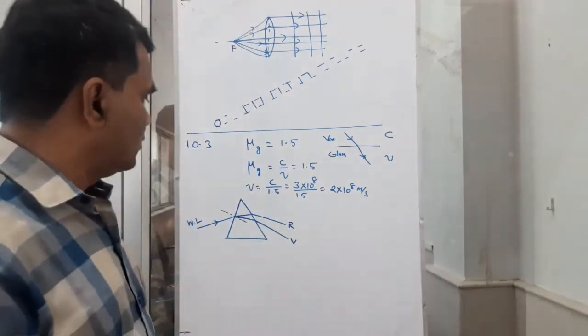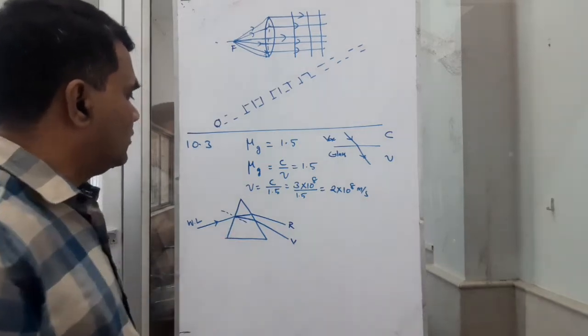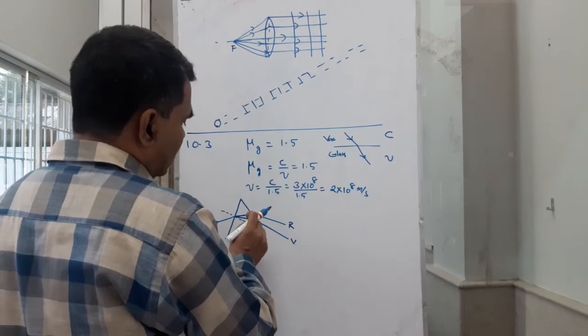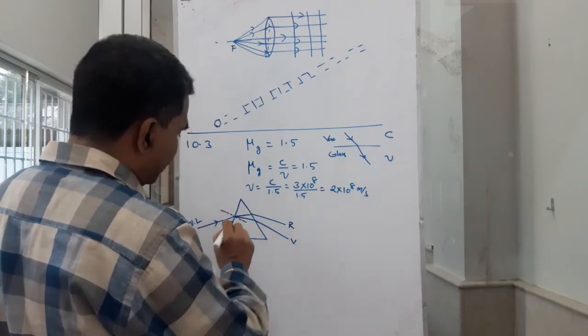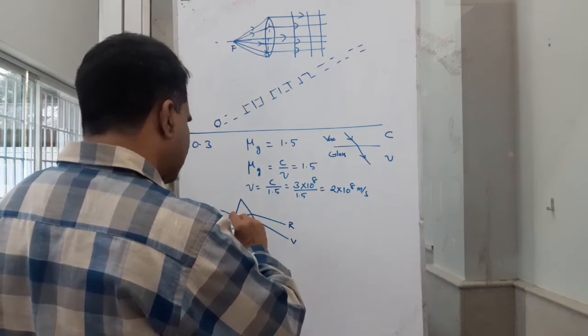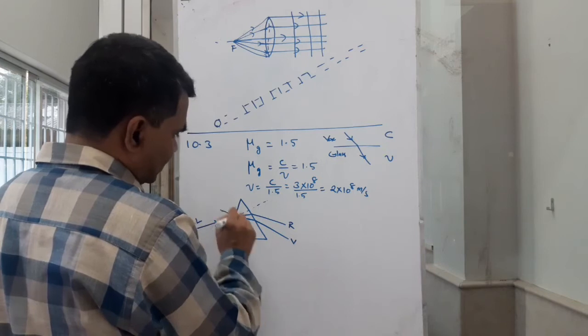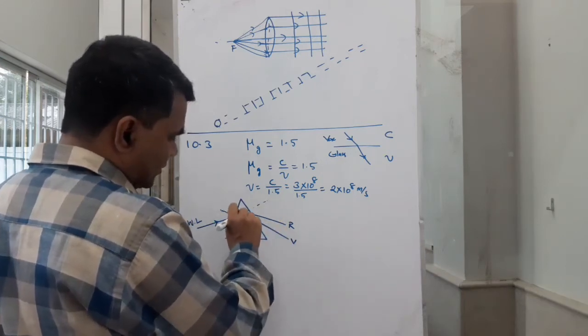Well, which will travel slower? Clearly, you can see that this is the undeviated one. The light should have gone like this. But then it is bent. Red bent.